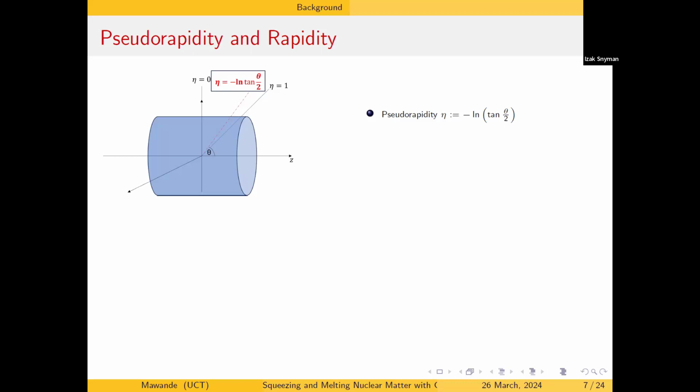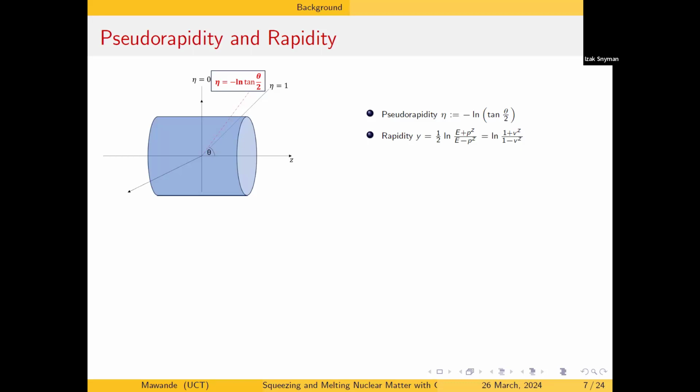And there's an angle that you can measure with respect to the beam axis, the Z axis, and that angle can form a relative quantity called the pseudorapidity. The pseudorapidity is related to the velocity of the particles along the Z axis, which you can express as rapidity if you want to use the language of special relativity.